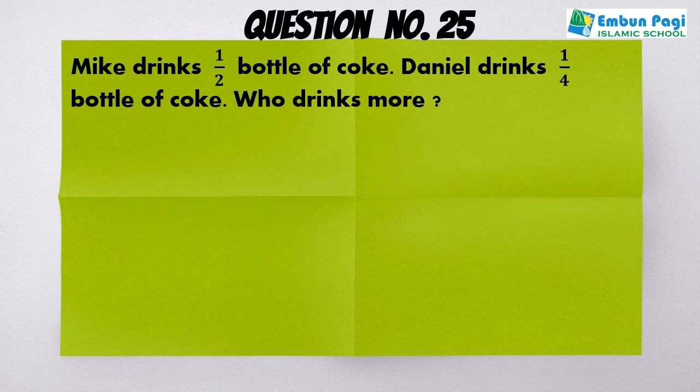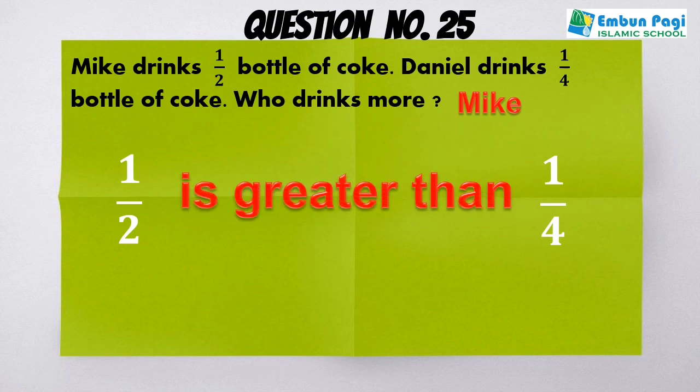If the denominator is greater, it's a smaller fraction. And if the denominator is smaller, then it's a greater fraction. In this question, we have 1/2 and 1/4. So who drinks more Coke? Yep, it's Mike because 1/2 is greater than 1/4.